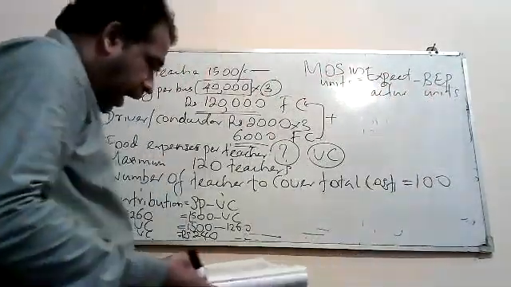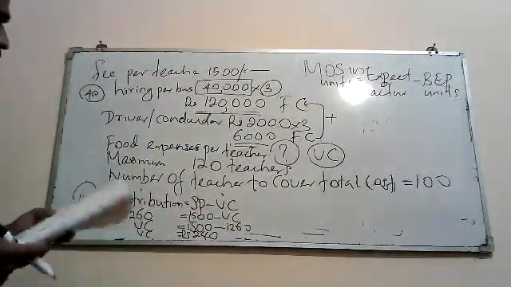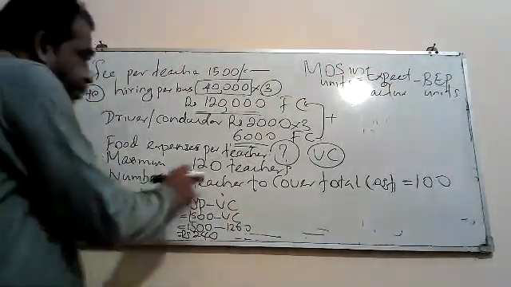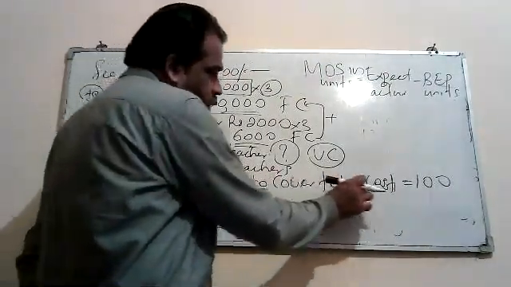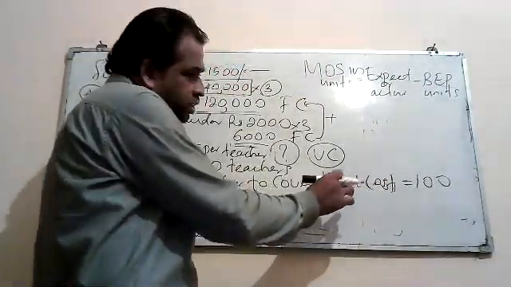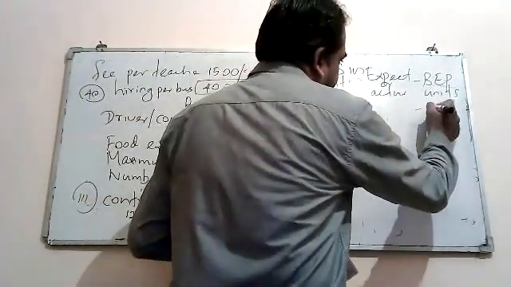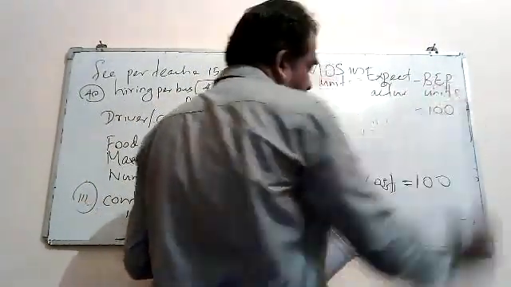Here, for BP units, we are given the number of teachers needed to cover total cost, which means BP units are 100. Here we can apply 100 as BP units.